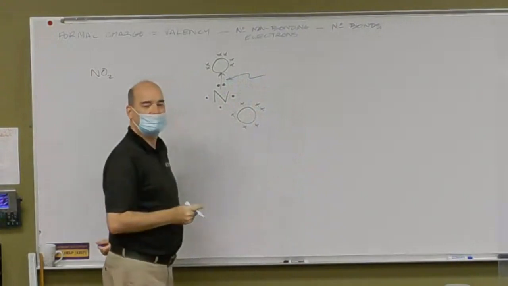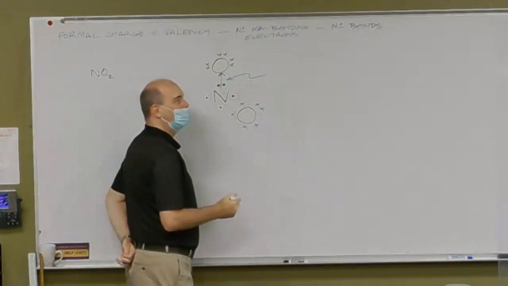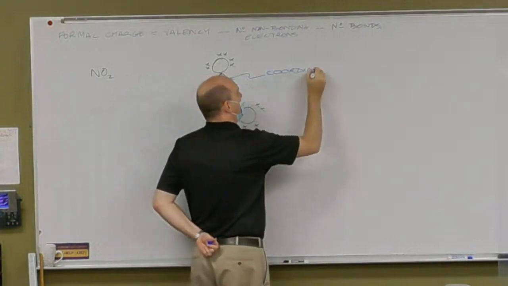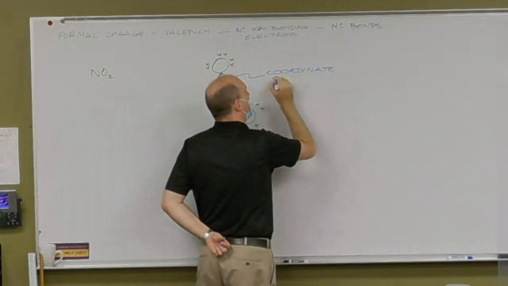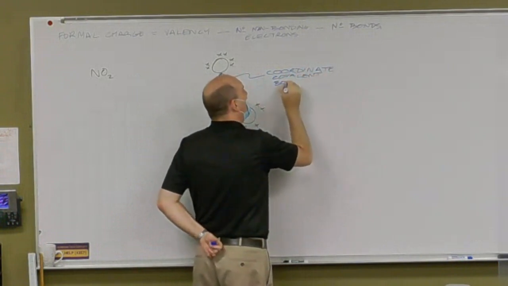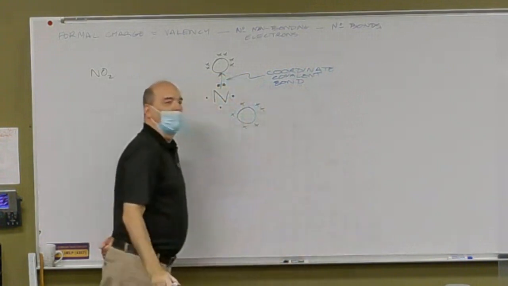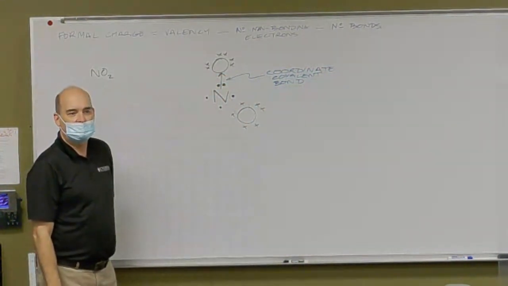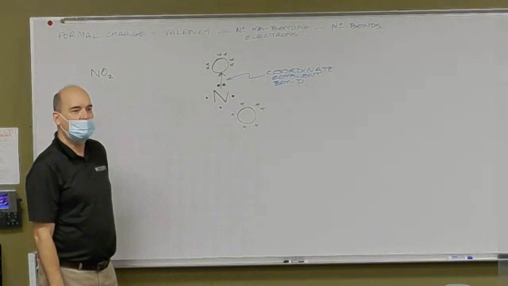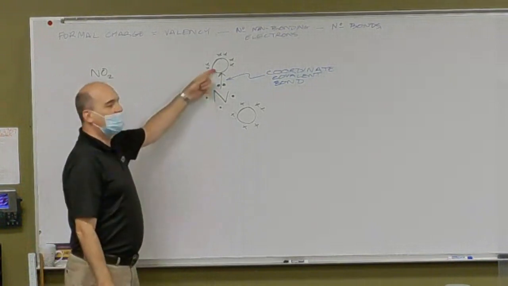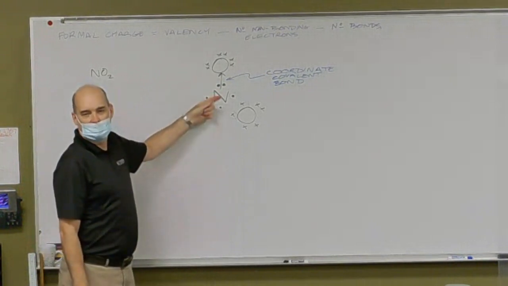It used to be called a dative bond, D-A-T-I-V-E, but it's now called a coordinate covalent bond, which is why I have told you don't call them non-bonding electrons. To say that these are non-bonding pairs of electrons is the wrong title, because these electrons are bonding.